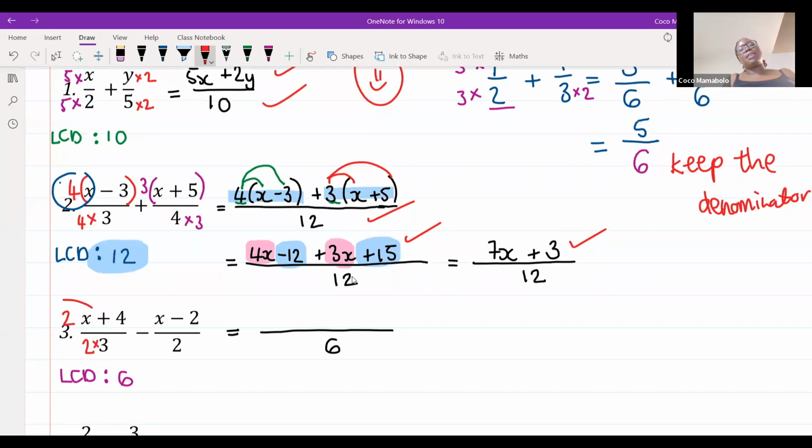Does this mean that this is 2x plus 4? No, you have to put a bracket to times it. Good. I'm going to put a bracket around the whole thing. Excellent. Now, what did I do to 2 to make it 6? I had to multiply by 3. By 3. What you do at the bottom, you do at the top.